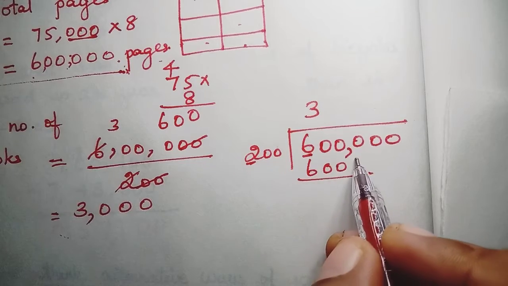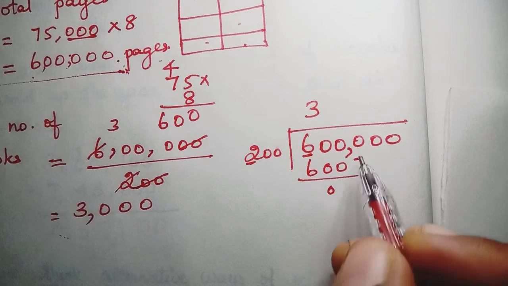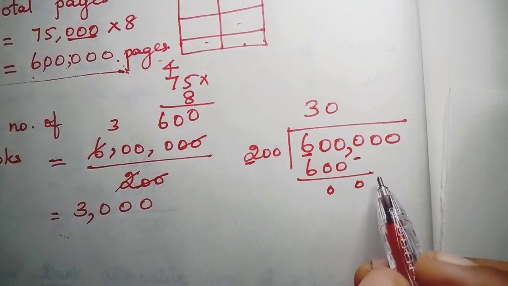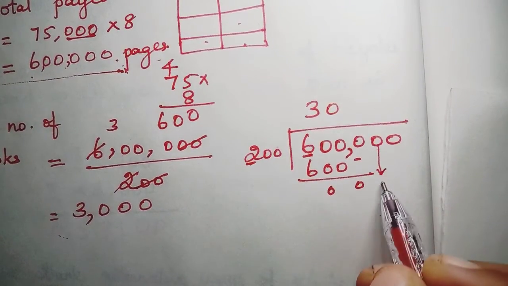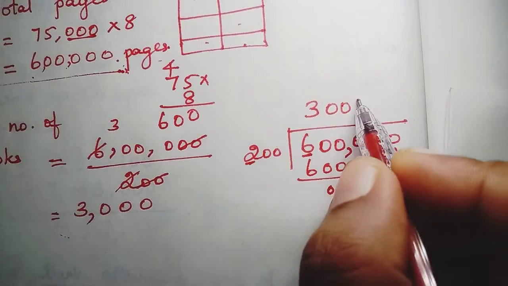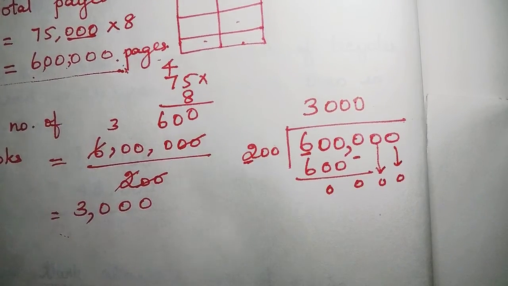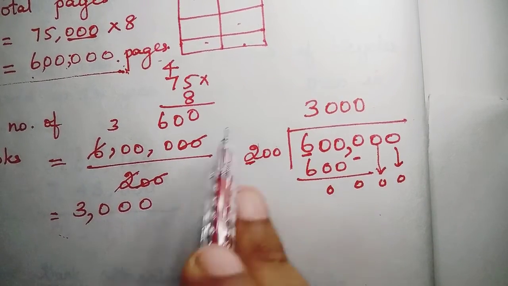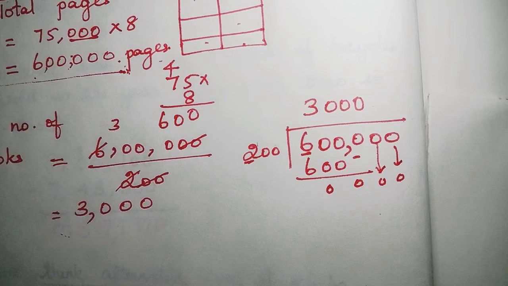Then you subtract this and you'll get 0. Then for each 0, when you take it down, you have to put a 0 here. So when you take this down, you put another 0. When you take this down, you put another 0. Either way you are getting the answer. So just know how to divide.